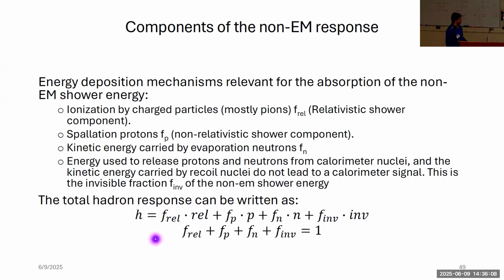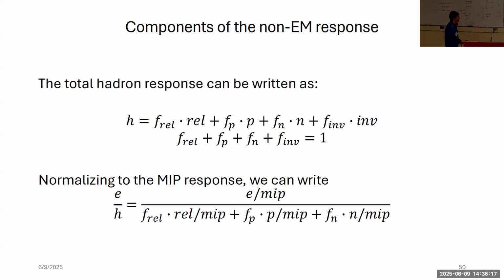So this hadronic response is composed of all these parts, and basically you have the fractions sum to 1. So basically we can write this E over H ratio as composed of this E over MIP divided by this part. So we basically have this relativistic part, this slow proton part, and this neutron part. This invisible part won't contribute to the signal, of course.